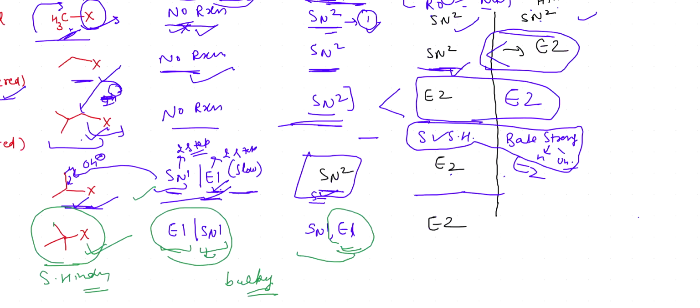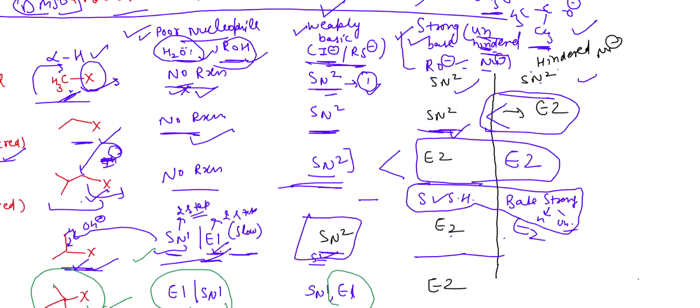If the base is strong in the case of tertiary alkyl halide, then it can undergo elimination simultaneously along with the removal of halogen, meaning abstraction of H positive as well as removal of halogen, both in one step. So when the base was weak, it was undergoing only E1.